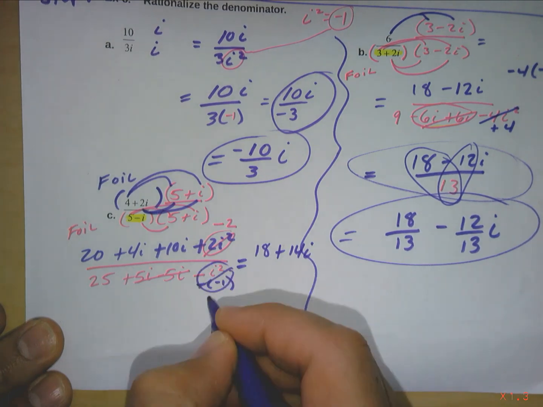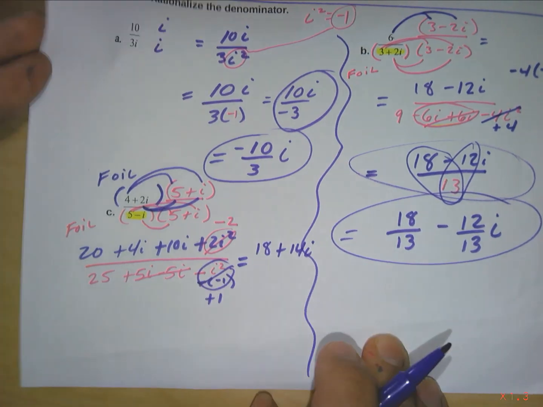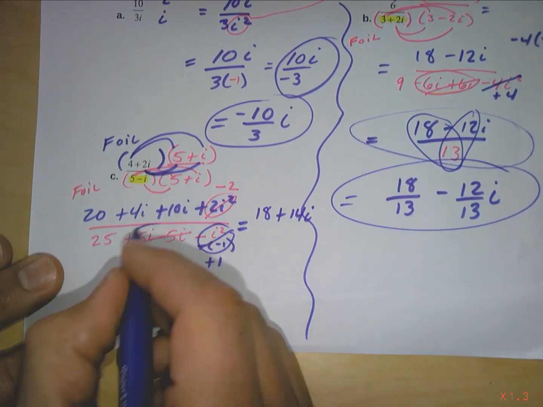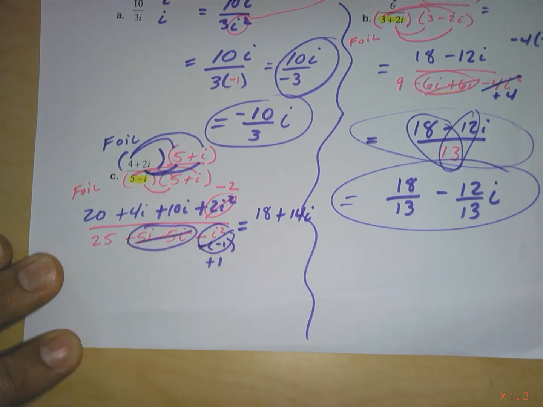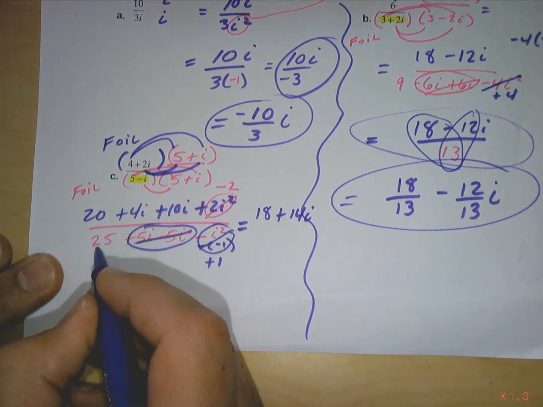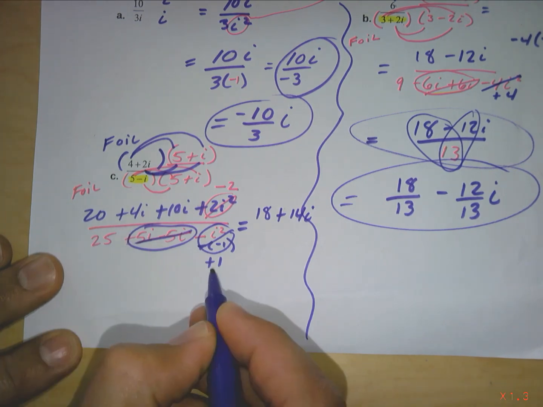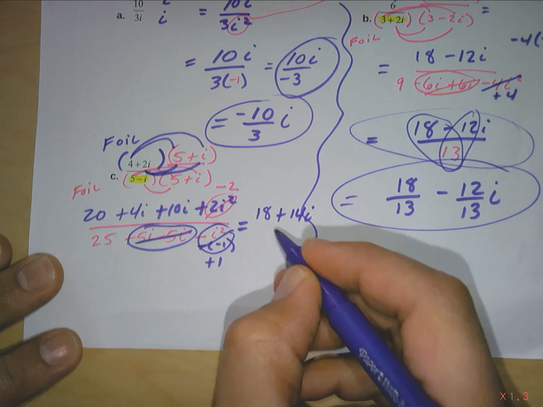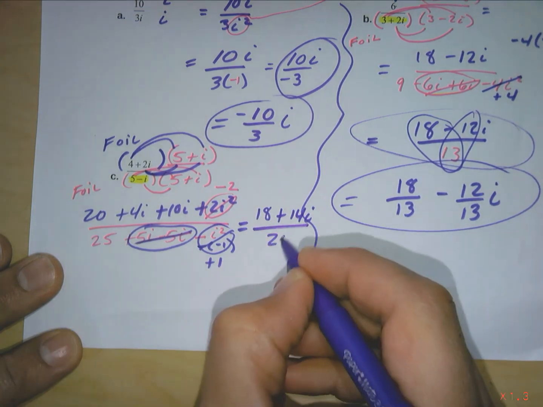So I always change that to +1 in that case. Again, outers and inners are canceling. And now my real parts are the only thing left. I've gotten rid of those i's. I've got 25 plus 1 is 26.